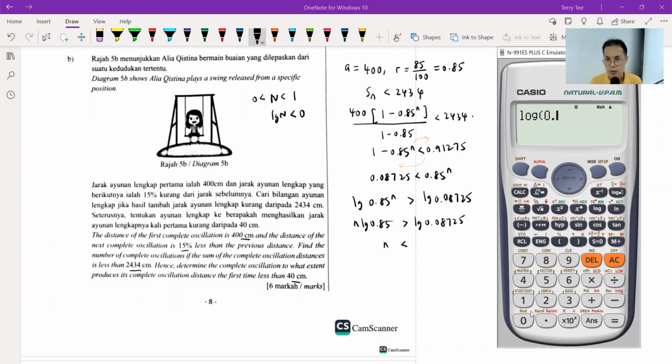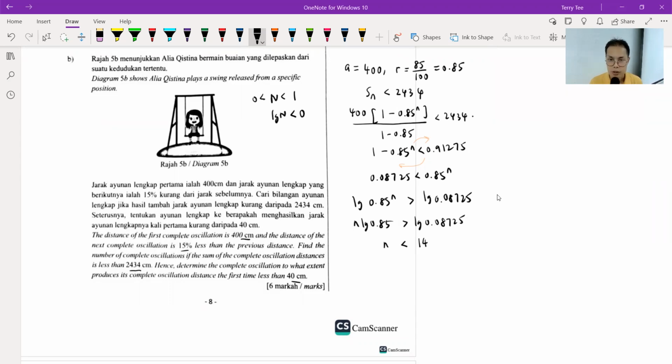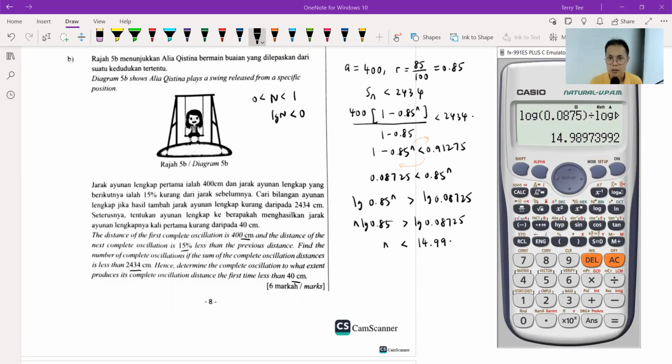So let me type this out. Log 0.08725 divided by log 0.85. My answer is 14.99. Wait, I hope I didn't make any mistake here. Log 0.08725 divided by log 0.85.